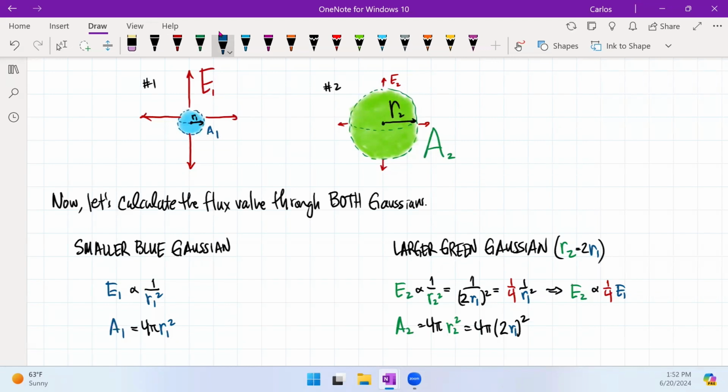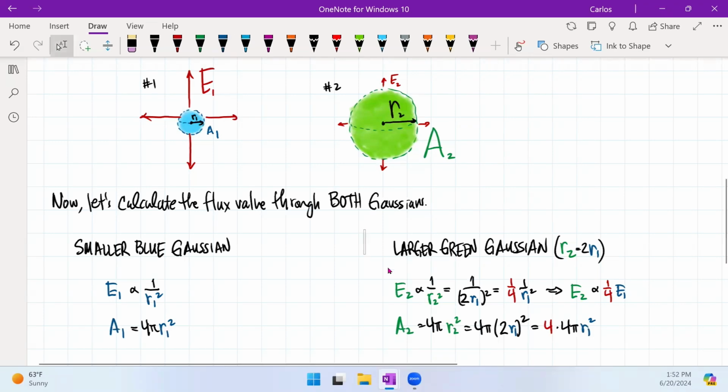And when I square this out, you can see here that I'm going to get a special number 4 right there because of the radius being squared. And then I get 4 pi, and then I come all the way back to R1 squared.